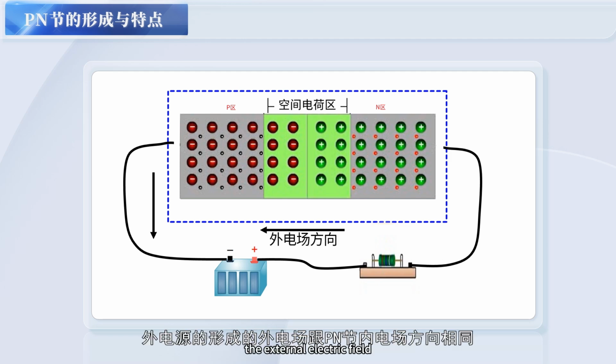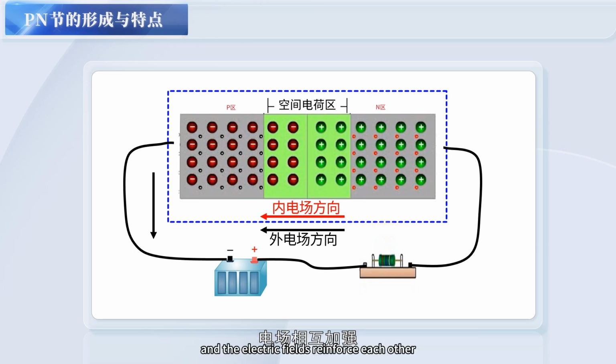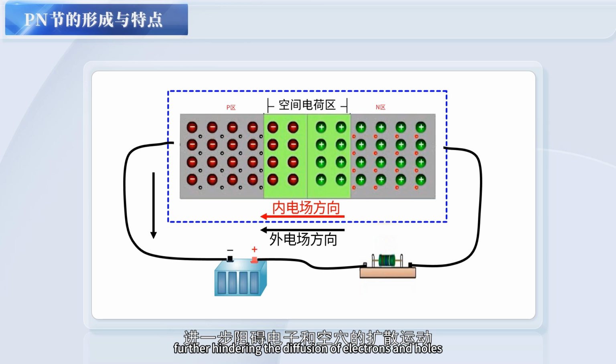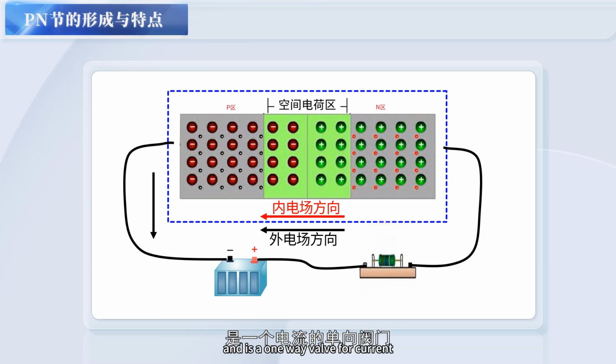The external electric field is in the same direction as the internal electric field of the PN junction, and the electric fields reinforce each other, further hindering the diffusion of electrons and holes. There is no current, so the PN junction is turned off. In summary, the PN junction has the function of unidirectional conductivity and is a one-way valve for current.